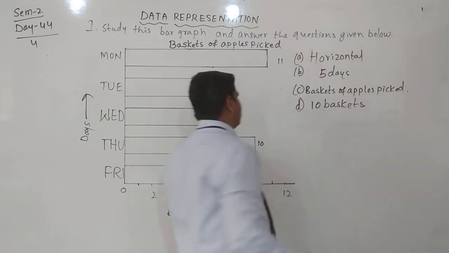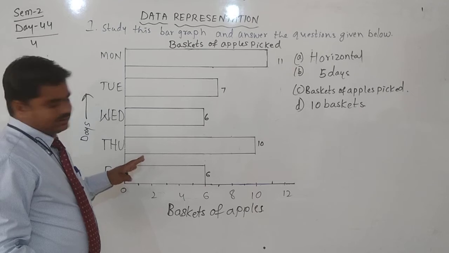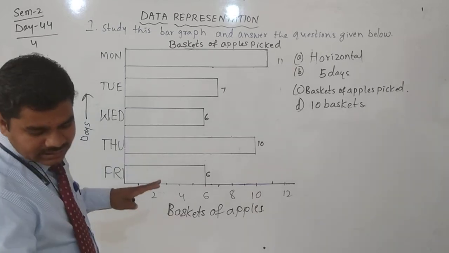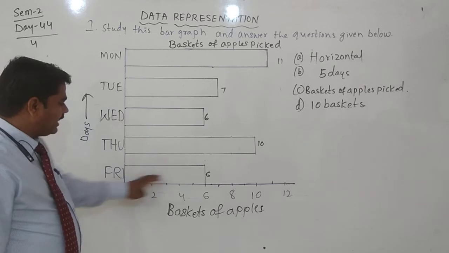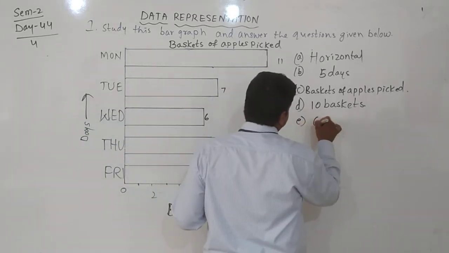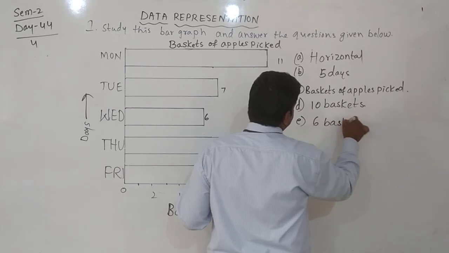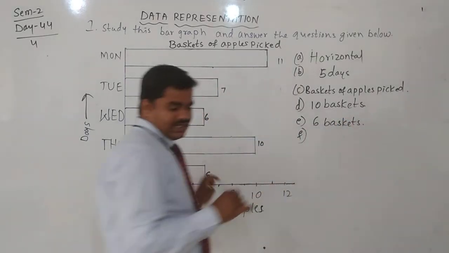Next, observe the graph in your textbook also. Then E question: how many baskets of apples were picked on Friday? 6 baskets of apples were picked on Friday.